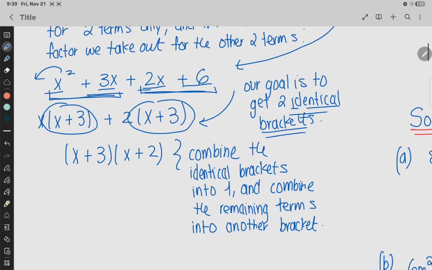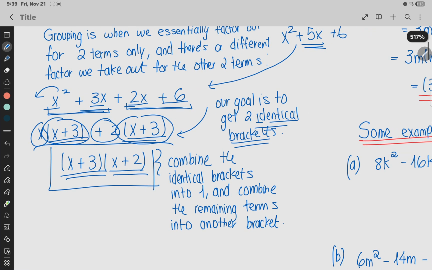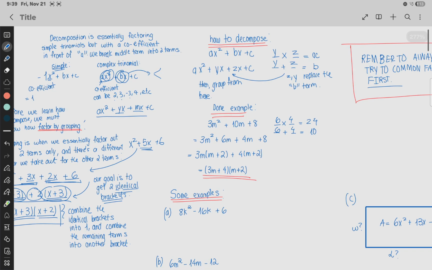Once we've got those, we combine the two identical brackets into one bracket, and the remaining terms, x and 2, are combined into another bracket. So this would be our final answer. Now you know how to group, so we will learn how to decompose.